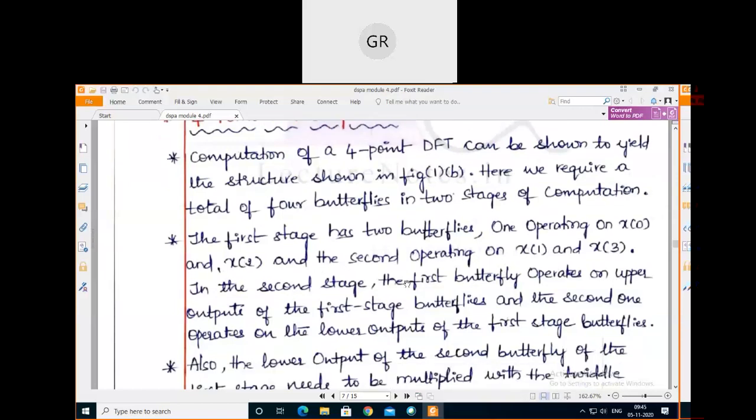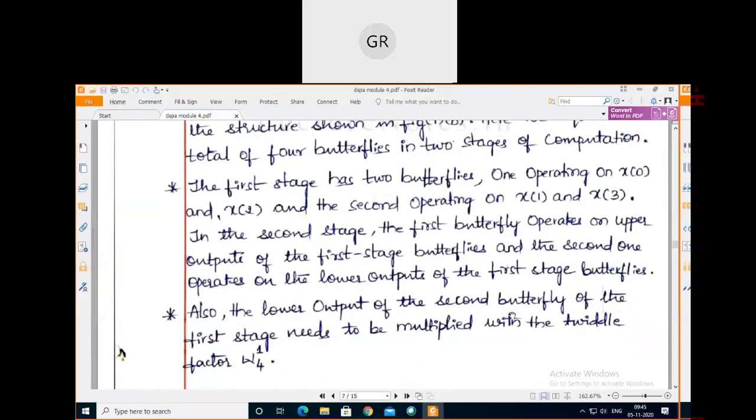In the second stage, the first butterfly operates on the upper outputs of the first stage butterflies, and the second one operates on the lower outputs of the first stage butterflies. Later we'll discuss. Also, the lower output of the second butterfly of the first stage needs to be multiplied with the twiddle factor W4 raised to 1.